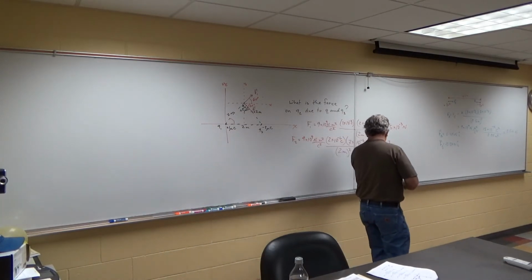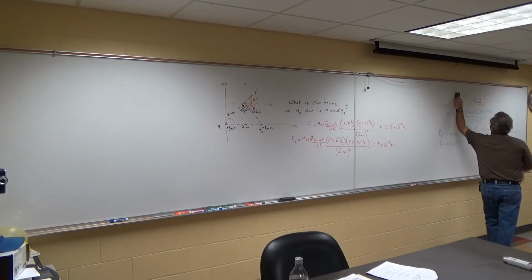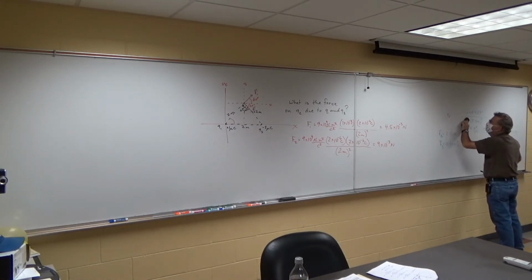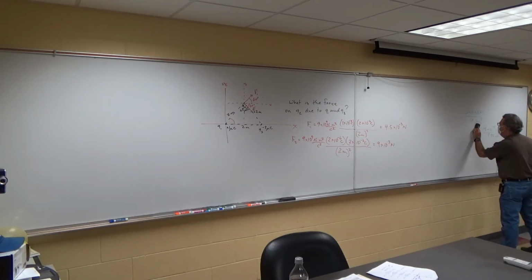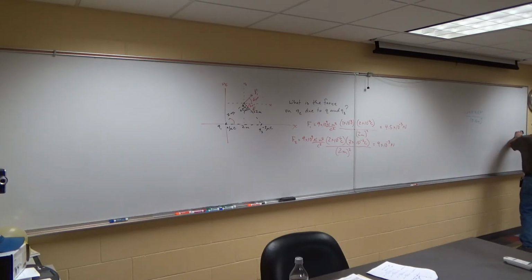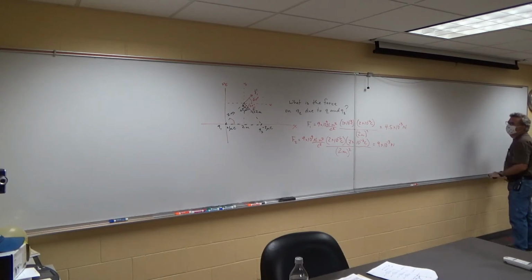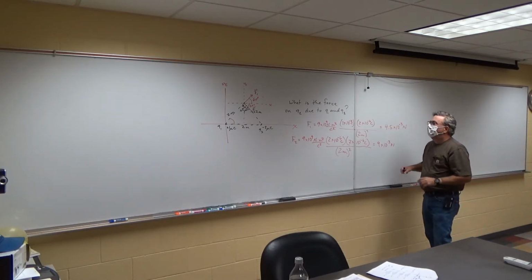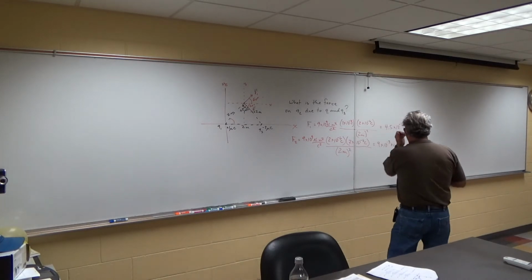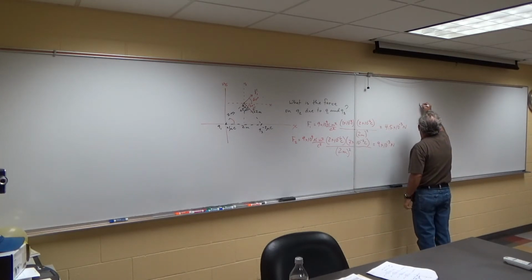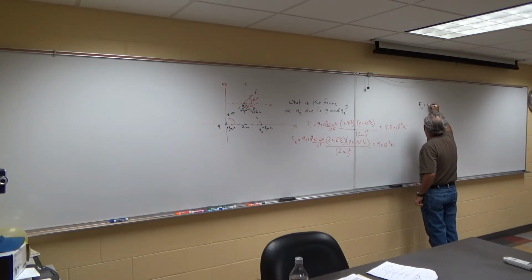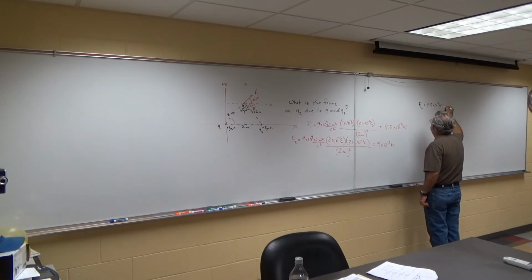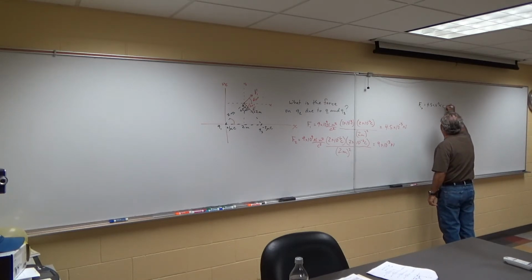Okay, let's go ahead and go through this, even though I know you know how to do it. So we need F1x, and that's equal to 4.5 times 10 to the negative 3 newtons times the cosine of 60 degrees, if I'm looking at it right.